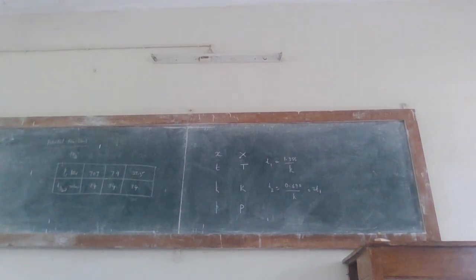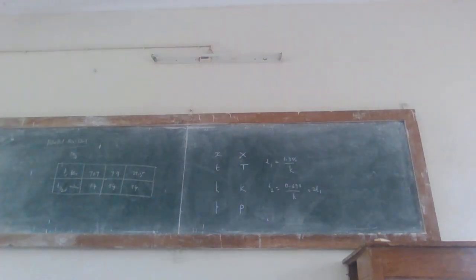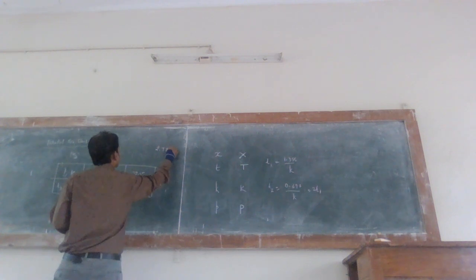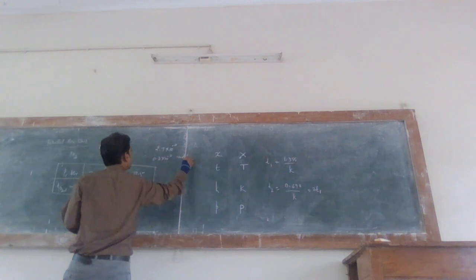The rates of reaction at concentrations 0.15 moles per liter and 0.05 moles per liter are 2.7 into 10 power minus 3 and 0.3 into 10 power minus 3 moles per liter minute.